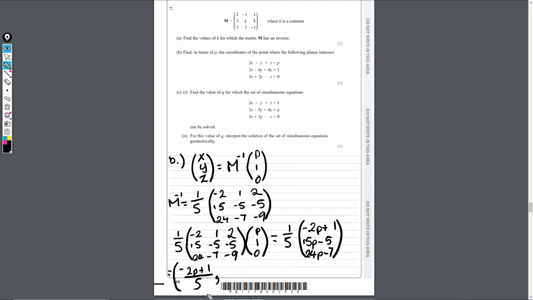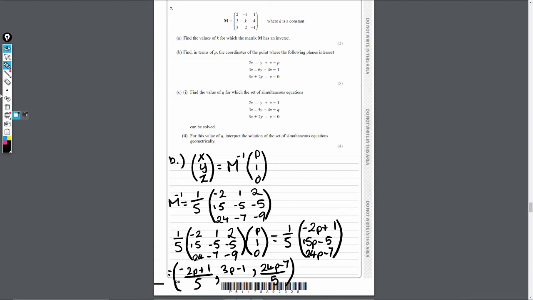So minus 2P plus 1 over 5, I'm going to have 3P minus 1, and then finally we're going to have 24P minus 7, all over 5. And there we have it. So that's the coordinates there of the point where the following planes intersect.